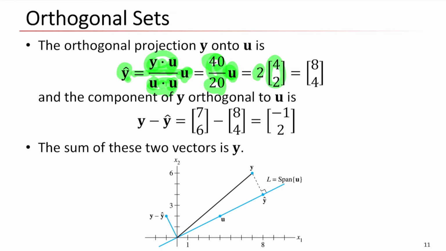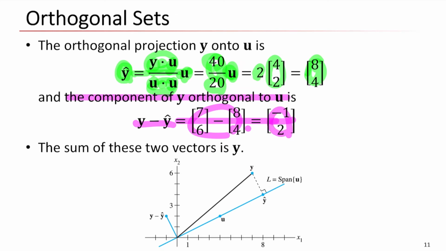So finally, Y hat is equal to 84, right? What about the component of Y orthogonal to U? This is defined as Y minus Y hat, so 76 minus 84. So this one is equal to -1, 2, right?